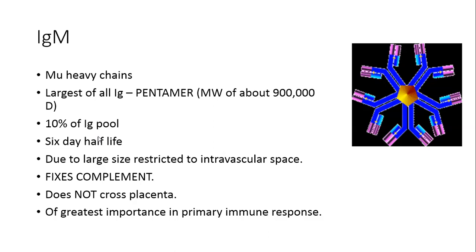IgM is very, very large, with a molecular weight of 900,000 Daltons. It's big. That thing is not moving through cells through diapedesis. What I mean is, it's not going to squeeze between a couple of cells of the vasculature. So IgM is restricted to the intravascular space.